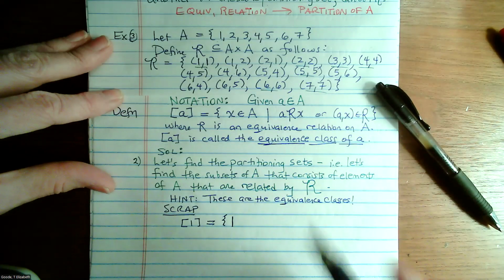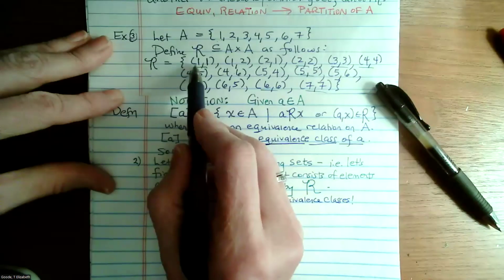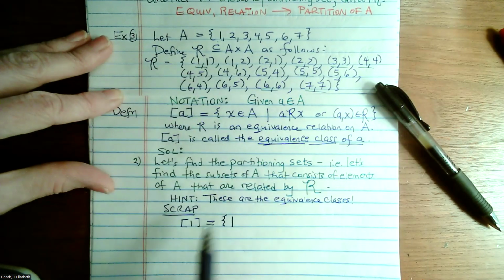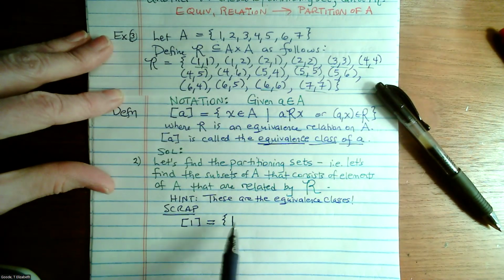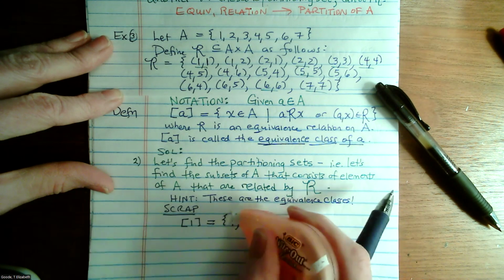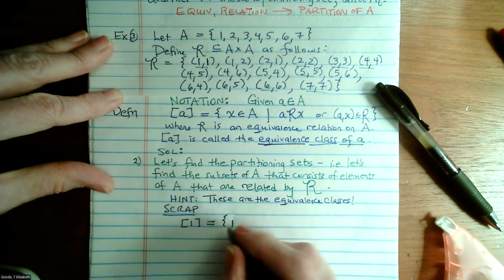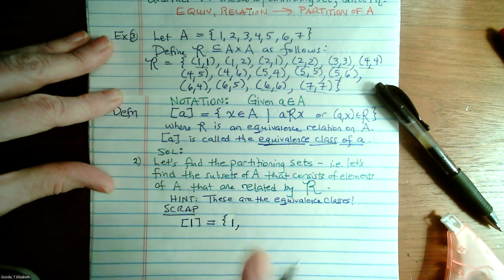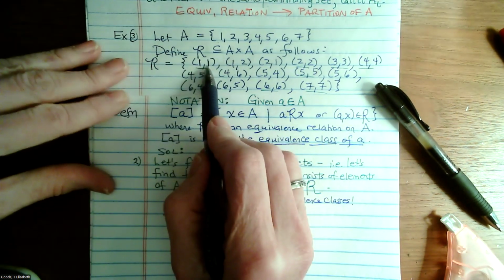Ordered pair 1, 1. The ordered pair 1, 1 says that 1 is related to itself. So we've already put 1. This is the first element of the equivalence class of 1. Maybe I need to make this one shorter so you can tell it's the same one I'm talking about right here. It's already in there because of 1 being related to itself.